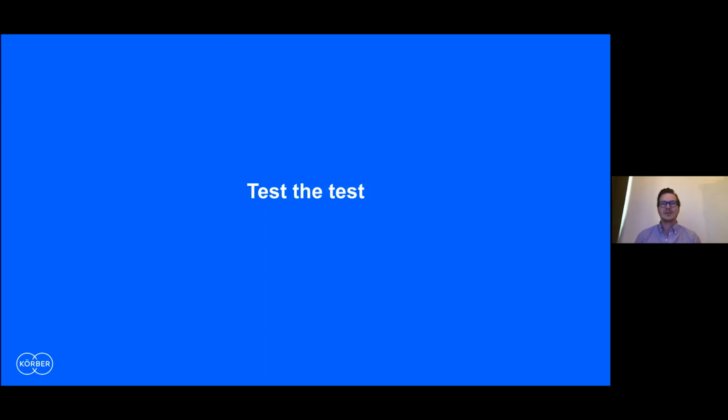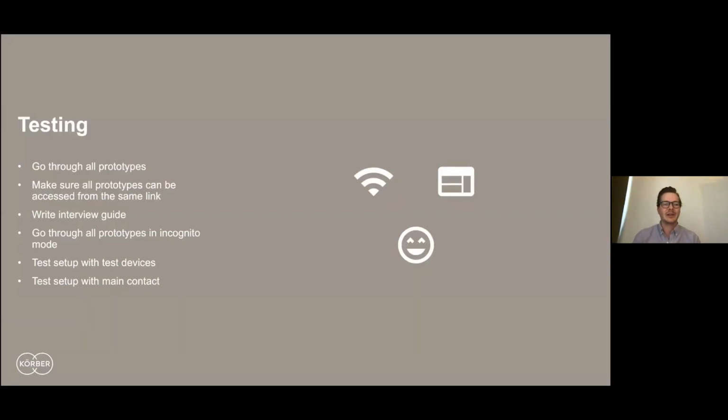You can't just pull out a piece of paper and do paper prototyping instead. So test all the stuff that you want to test, and then you should be able to overcome any of the challenges you run into. And the testing we do looks like this. We go through all of our prototypes, then make sure they can all be accessed.